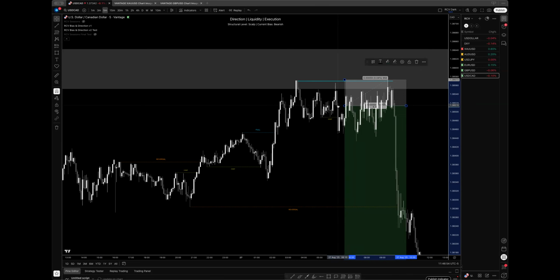But what I failed to realize was that this internal model, this is the first time that we break any low that led into that high, or lows that were solidified. So this is a continuation break of structure.